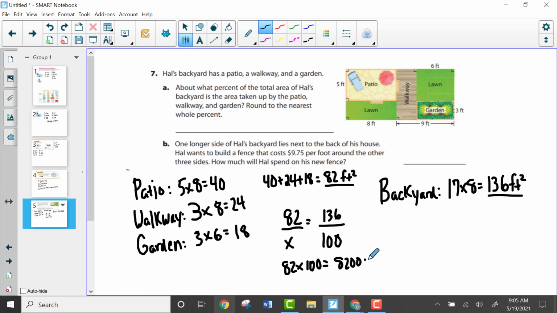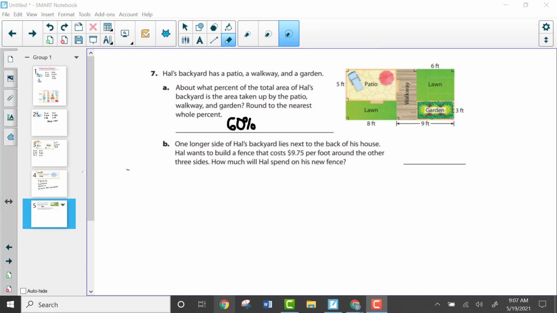And then our next step is we're going to divide by the number we have not cross multiplied with, which is 136. And that's going to give me a long percentage, but something like 60.2%. They're saying to round to the nearest whole percent, and that's going to be 60% for letter A.